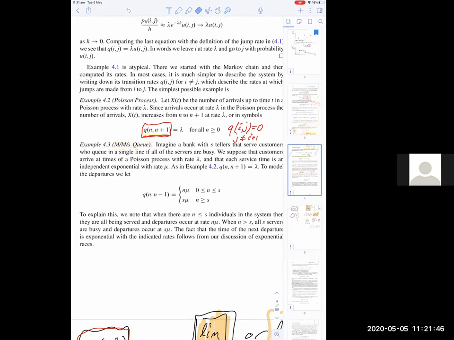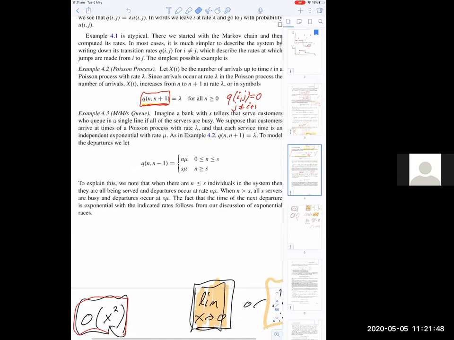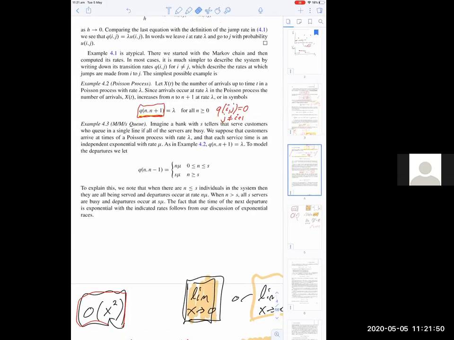Here's the next example, and there's actually a full section devoted to these types of examples that deal with queuing theory. This example is called the M/M/s queue. I'll skip this now and get back to it a bit later when we speak about queuing theory.